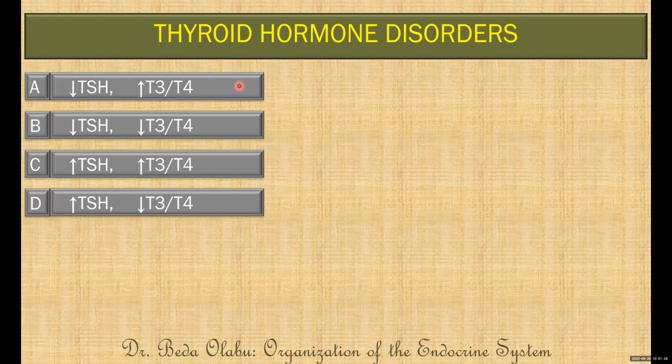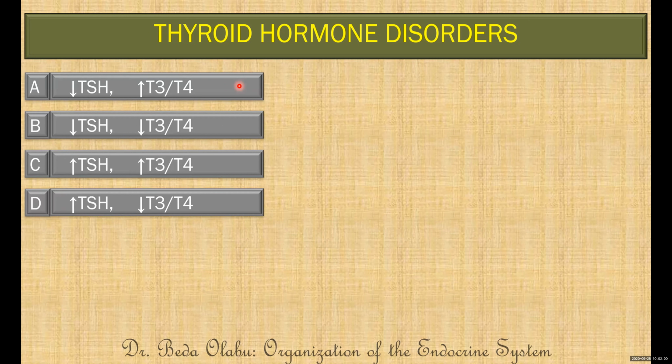The diagnosis of hyper or hypothyroidism is based on the levels of T3 and T4. It is not based on the levels of TSH. It is based on the levels of T3 and T4.